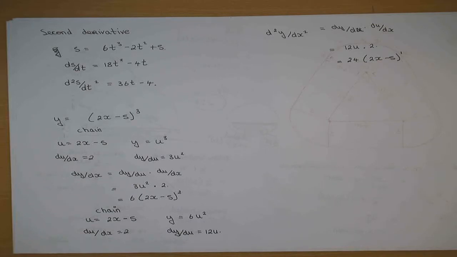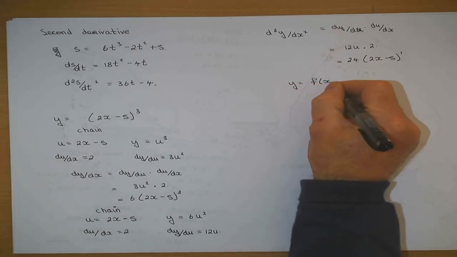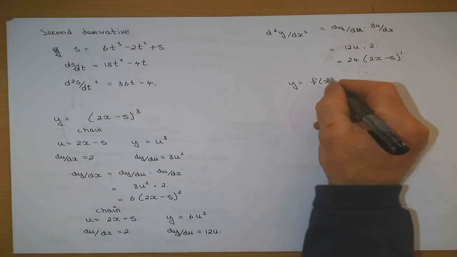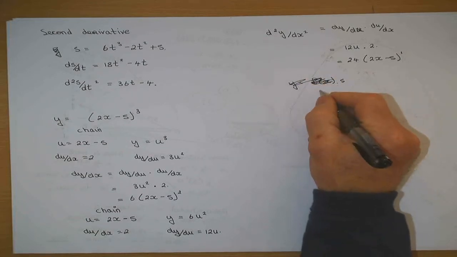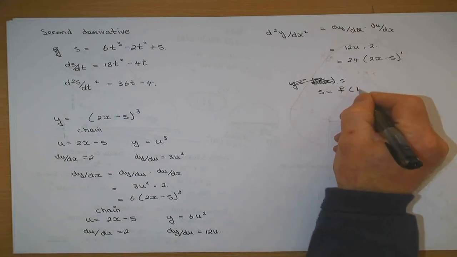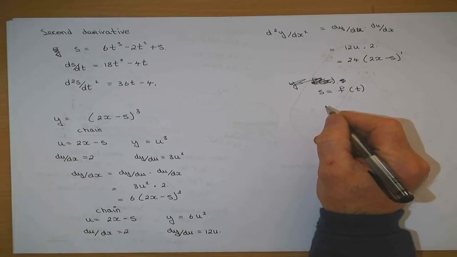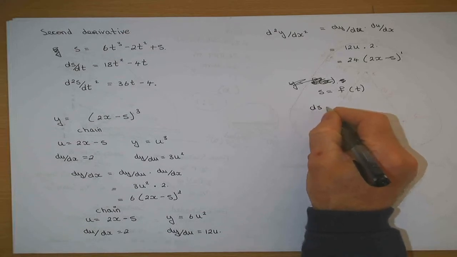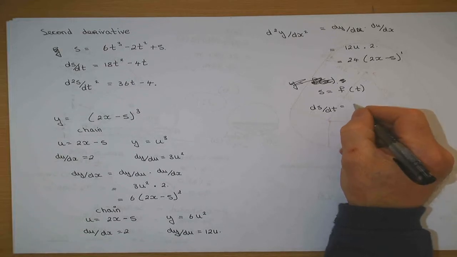You differentiate twice. Now, if y is equal to a function in x, or if s is equal to a function in t, that's going back to you physicists, that displacement is in terms of t. ds/dt is the rate of change of distance with time.